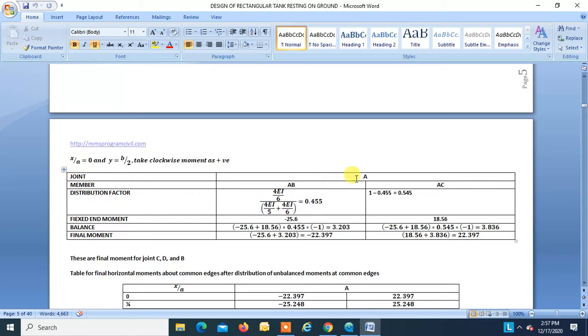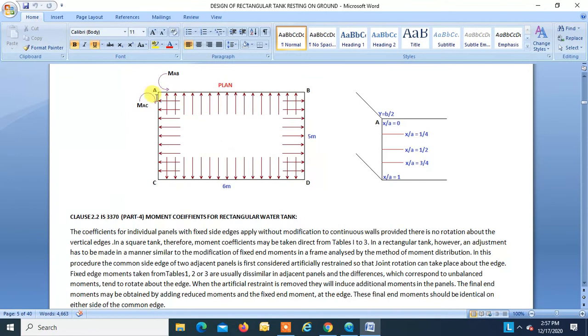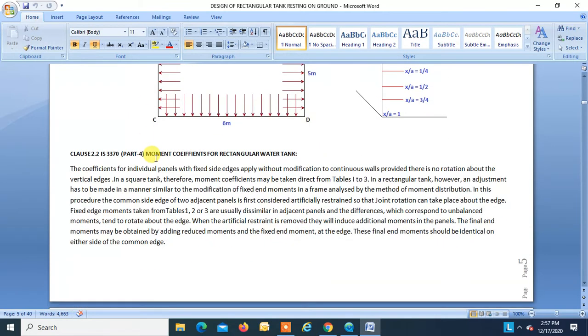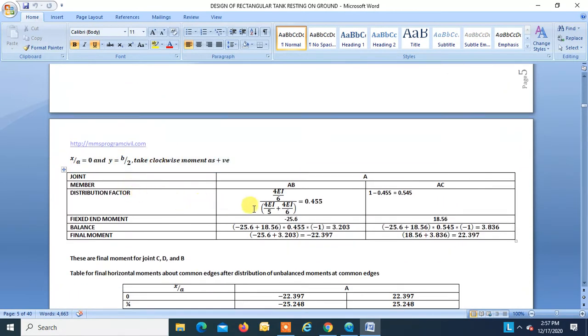Joint A, this is member AB, this is member AC. The distribution factor is found like this. Now the fixed end moments we just saw from the table, where it is 25.6, and over here it is 18.56. So the balance moments are found to be 3.203 and 3.836.